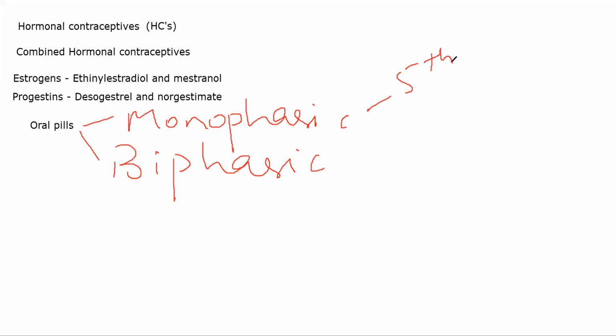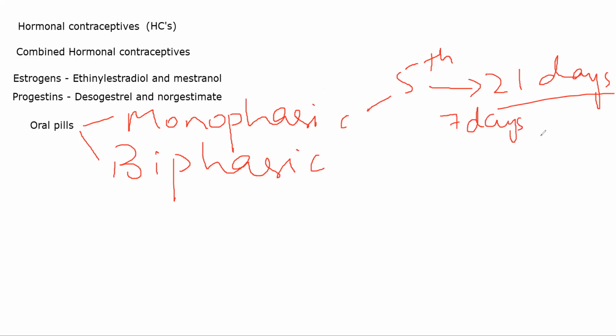Now on an average, if you take a 28-day cycle, अगर आप 28 डे साइकिल देख रहे हैं, तो उसमें क्या करते हैं, you will start the pill on fifth day for the patient. ठीक है, fifth day of the menstrual cycle, and it will be continuously taken for 21 days. So you take it from the fifth day all the way up to the 26th day. ठीक है, continuously you will keep taking for 21 days, and you stop it for 7 days. ठीक है, this 7 day यहाँ पर इसलिए mention कर रहे हैं क्योंकि this is the period where shedding occurs.